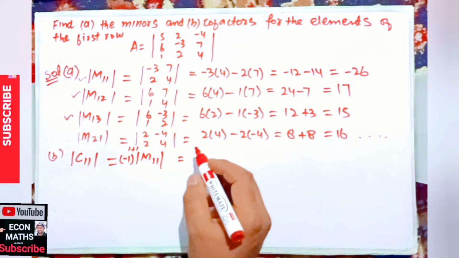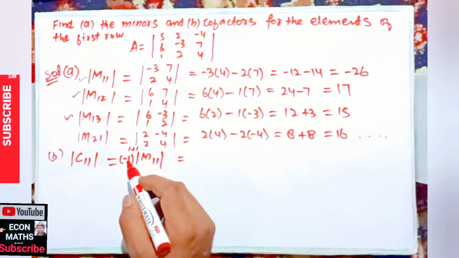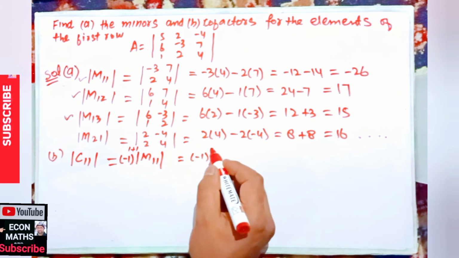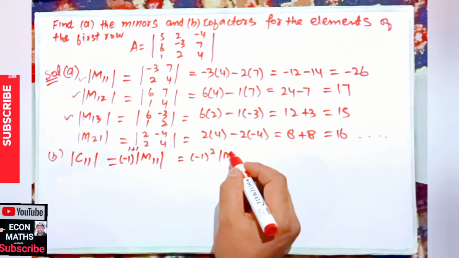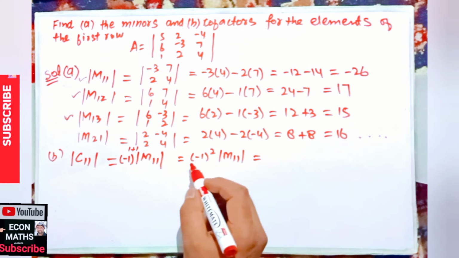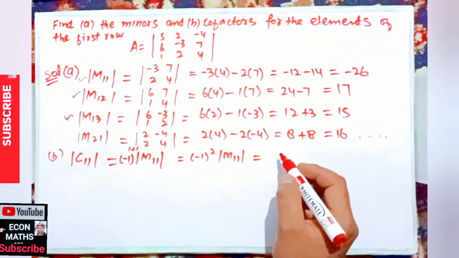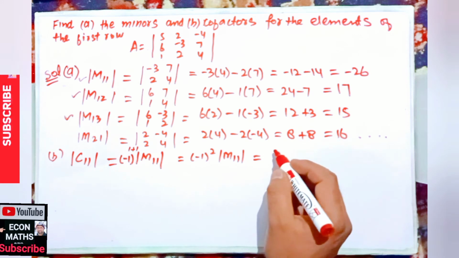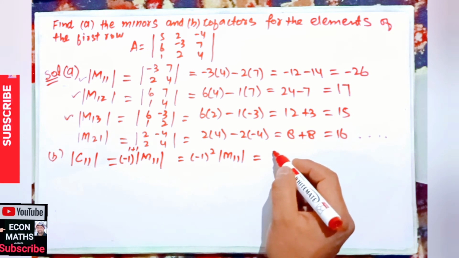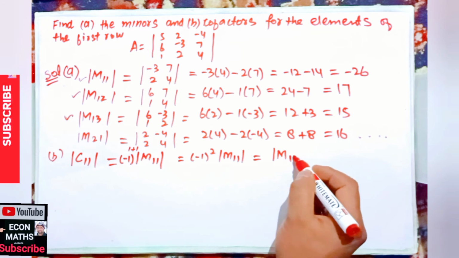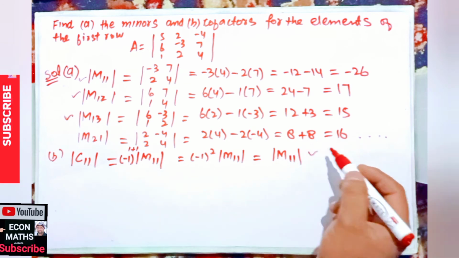So this is equal to -1 square times M11. Now -1 square is plus 1. So here the sign is positive, so I will write M11. So this is the first cofactor.